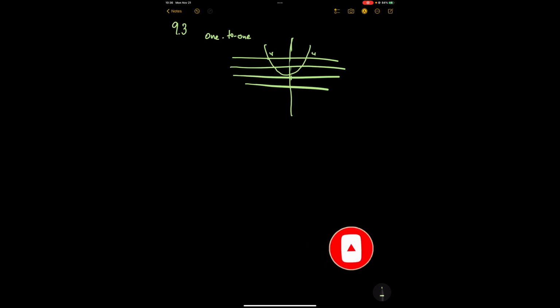Now, how about inverse function? A function has an inverse if and only if it is a one-to-one function.